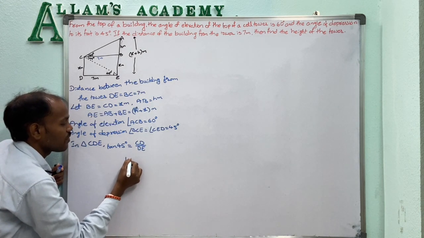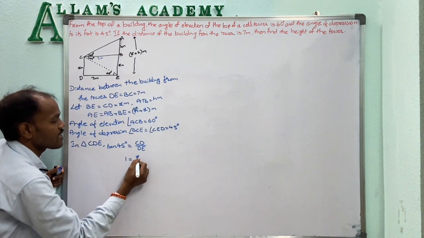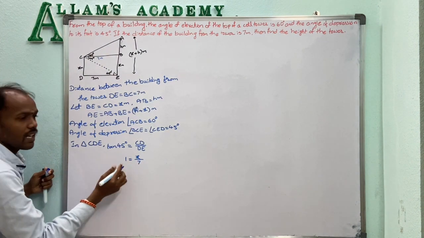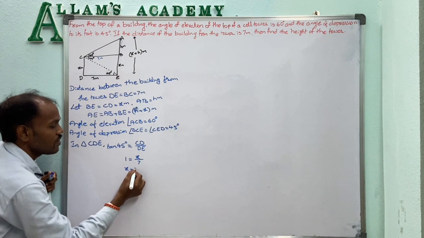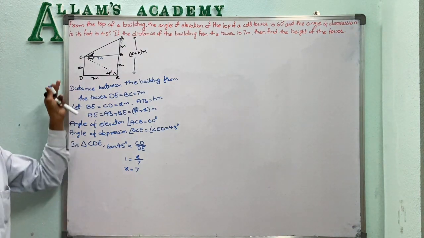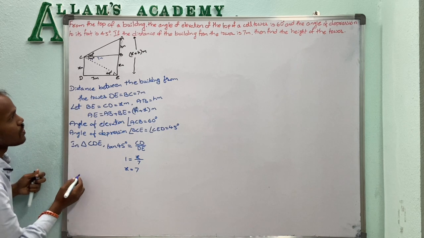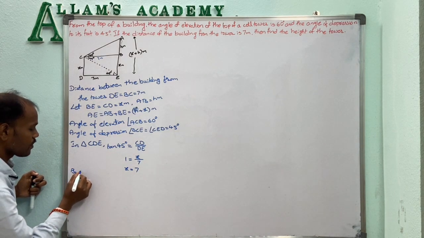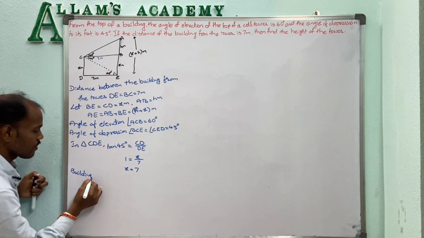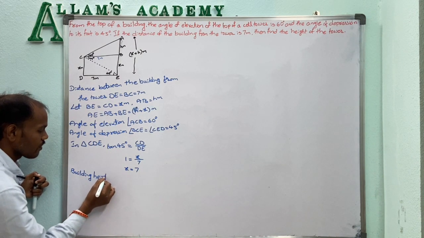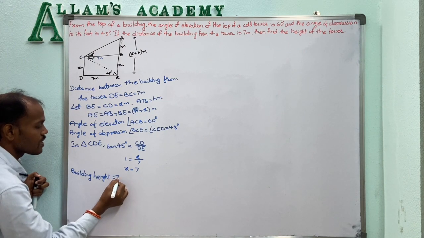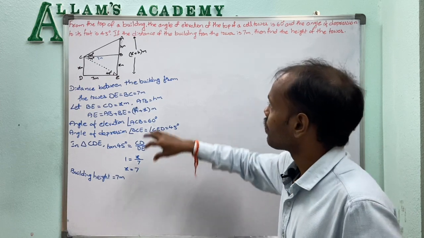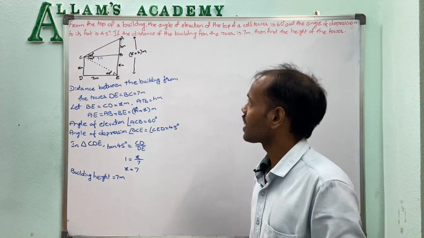Tan 45 equals 1, CD value x, DE value 7. So by cross multiplication x equals 7. So x is nothing but the building, so the building height is 7 meters. Now by using this information we find the height of the cell tower.